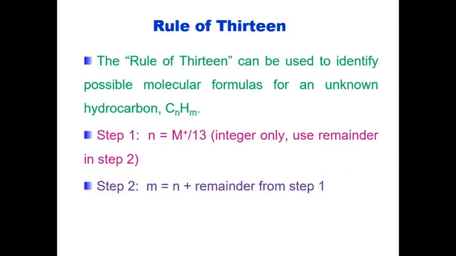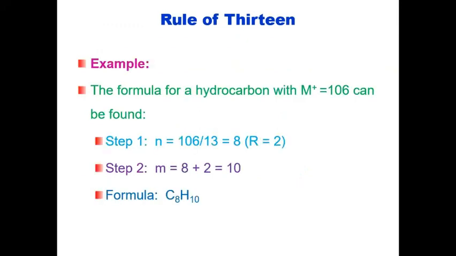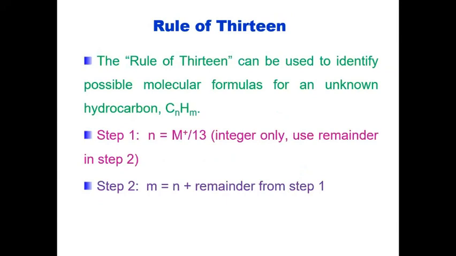So these are the rule of 13. With the rule of 13, we can determine the structure of any compound. Suppose we know the molecular mass of a compound, and that molecular mass is divided by 13.